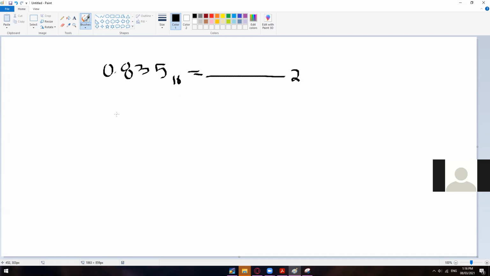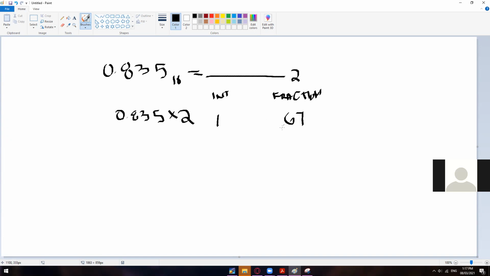So 0.835, integer part here and fraction part right here. 0.835 multiplied by 2 will give us 1.67.